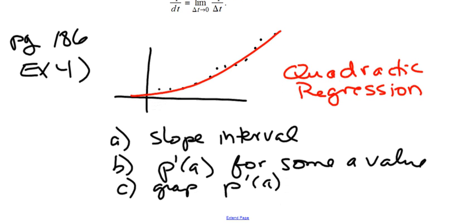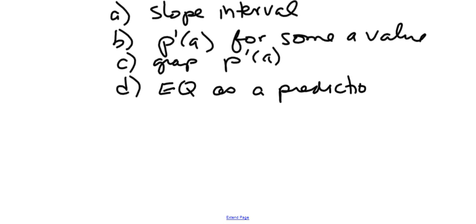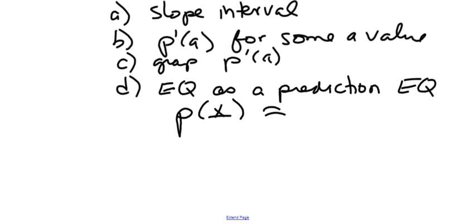And then part D, they are using the equation as a prediction equation. So they're saying, well, for some value in the future, they just substituted it right into the equation and evaluated using prediction properties for that.